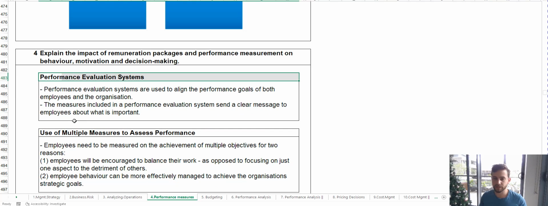So remember back, for example, the annual review process for staff at PwC. Now, how might PwC incentivize its staff to achieve its performance evaluation systems and achieve that highest rating?